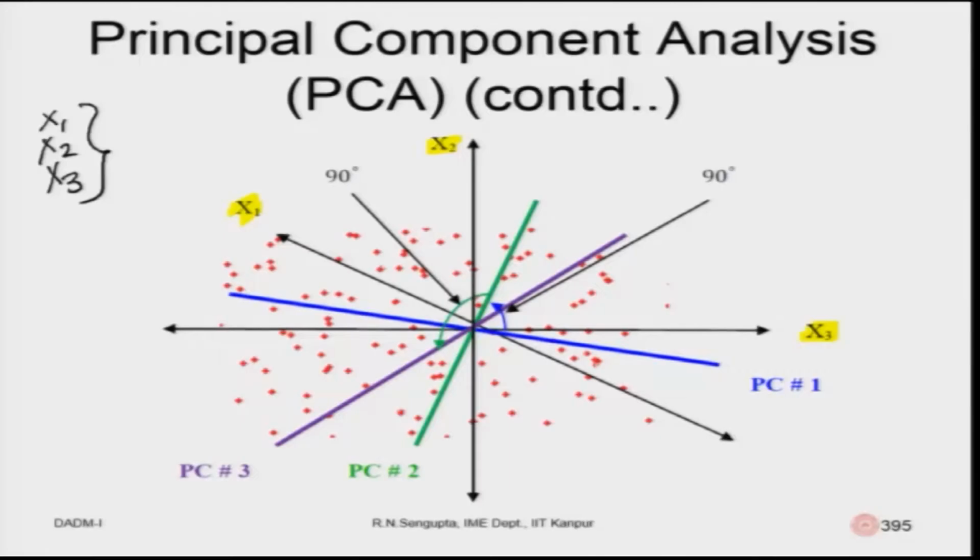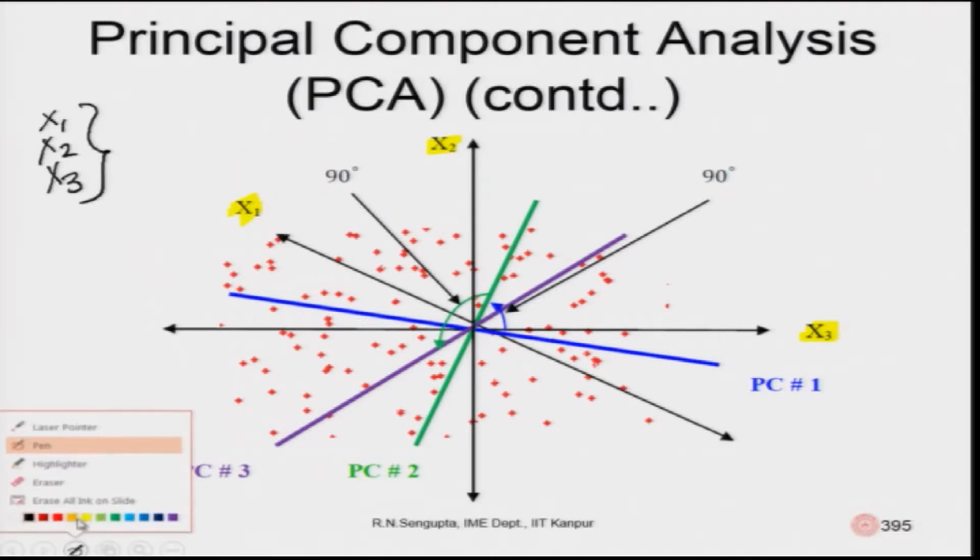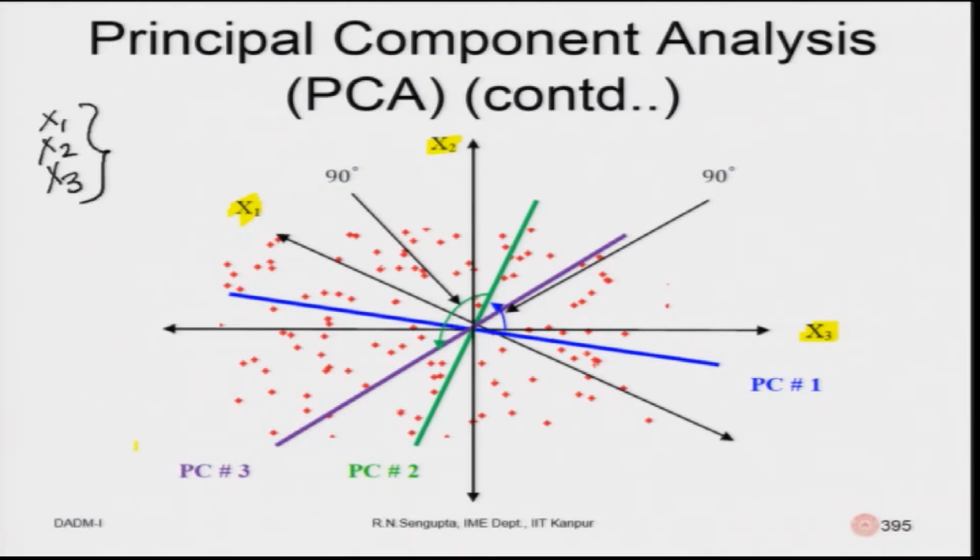Now, what we do is that we combine x1, x2, x3 corresponding to the first eigenvalue and eigenvector for these random variables, such that we get the first principal component in this direction, where the maximum variability is assumed, that is, the maximum variance and maximum set of information is taken out.